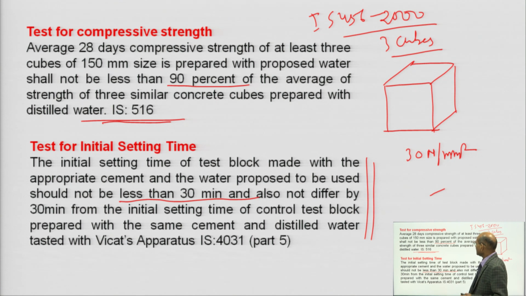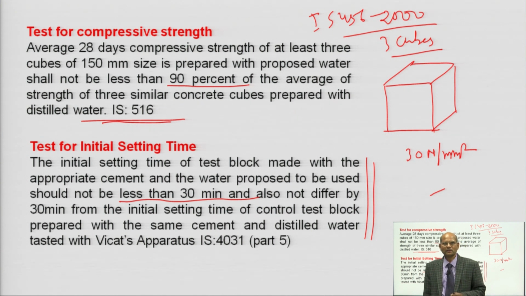Generally, whenever we are using water, it should be potable water, meaning it should be safe for drinking. If water is safe for drinking, then it is safe for use in concrete also, and for making the concrete as well as for curing the concrete, in both cases we should at least use water which is potable in nature.